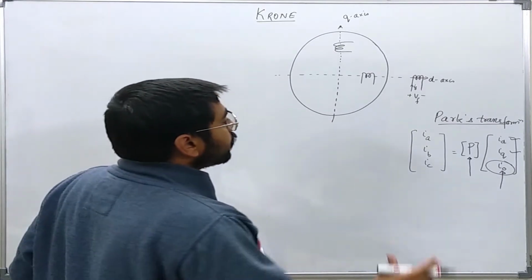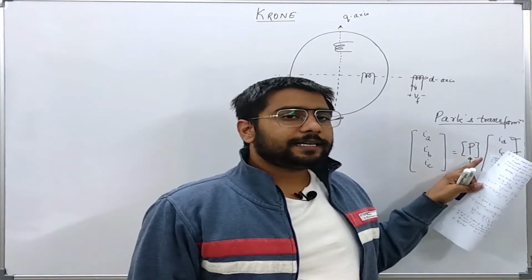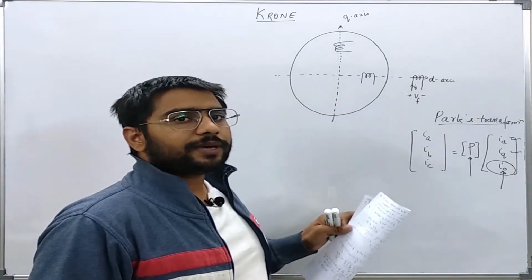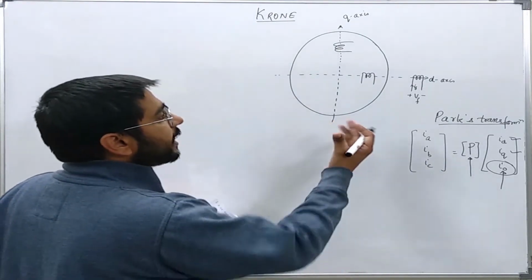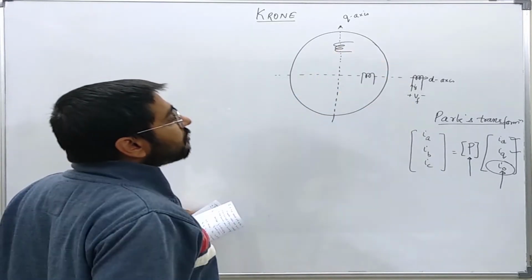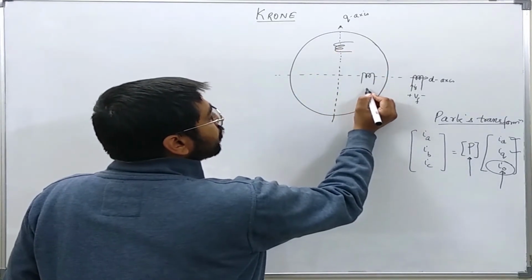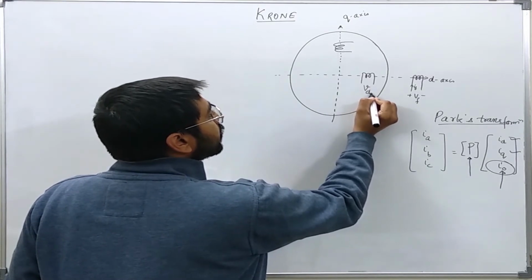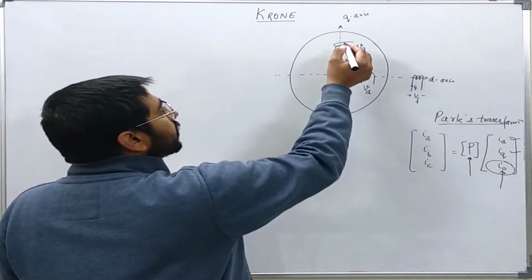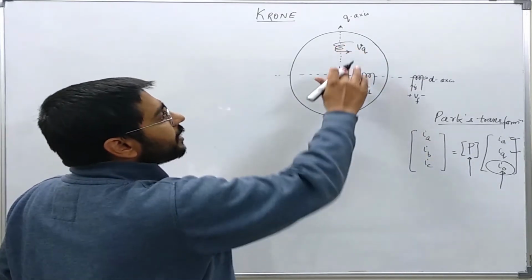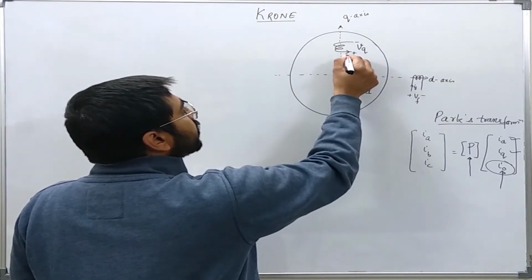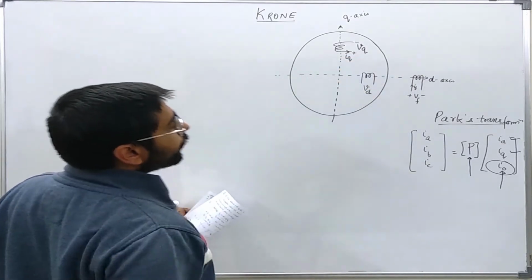So instead of writing Park's transformation matrix or any other mathematical model, we are just assuming that we can show the three-phase distributed armature winding in terms of two windings, one on the d-axis and the other on the q-axis. Let us say here a voltage is being generated, VQ, and this current is being given to the load, IQ.